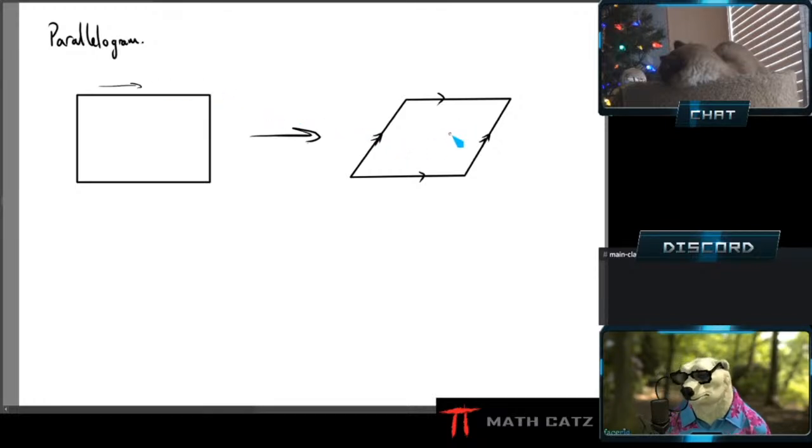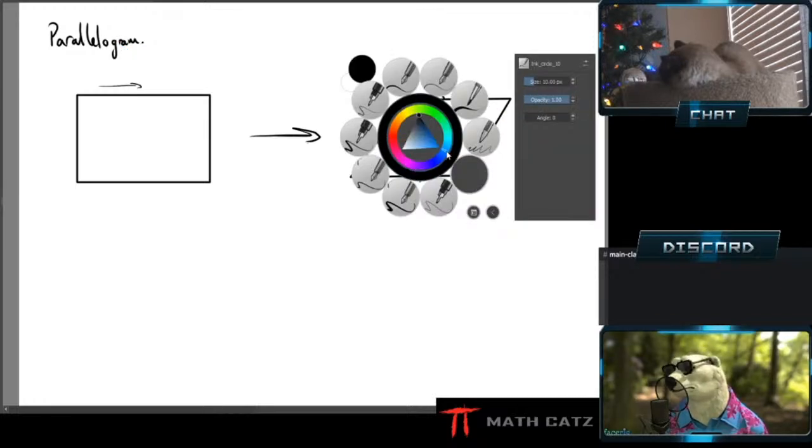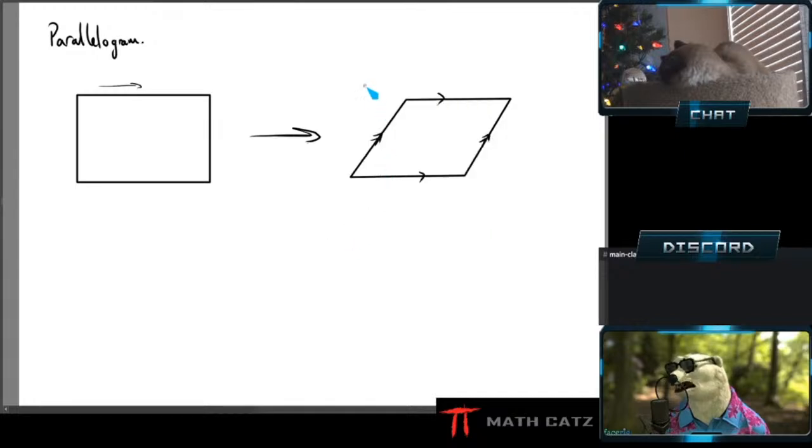I'll get this. Or what you could notice if I have a parallelogram, let's use some color, I have a triangle missing here, and that triangle is exactly the same as one I can cut out of the parallelogram.